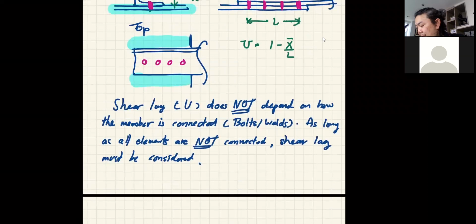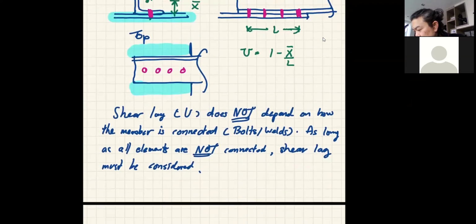Let's say same stuff. But instead of using the bolt, I weld this instead, but I weld only one leg because I cannot weld in the air for the outstanding leg like this.